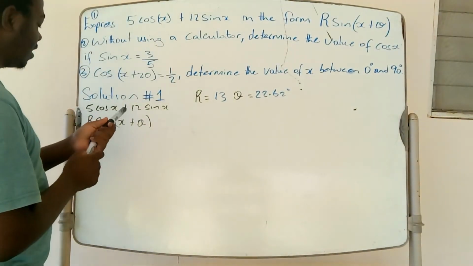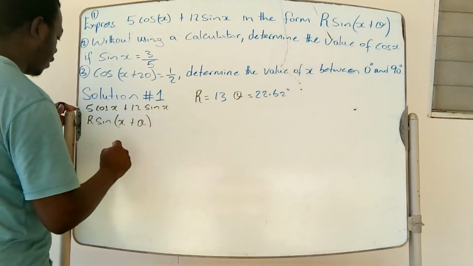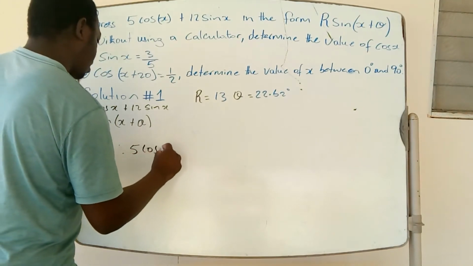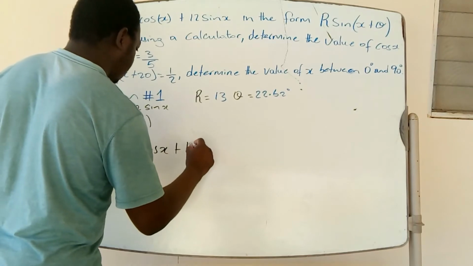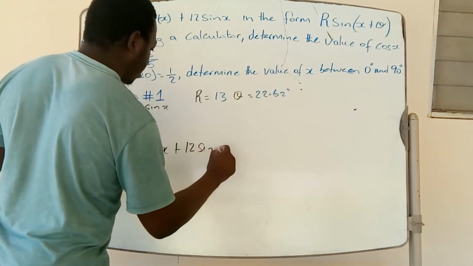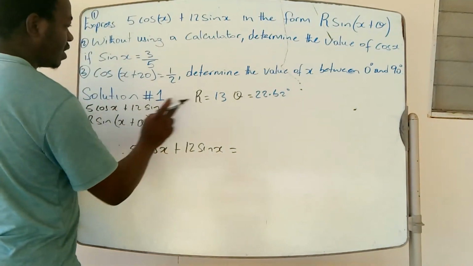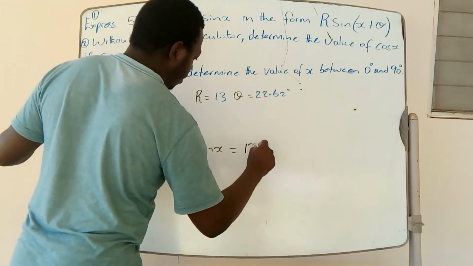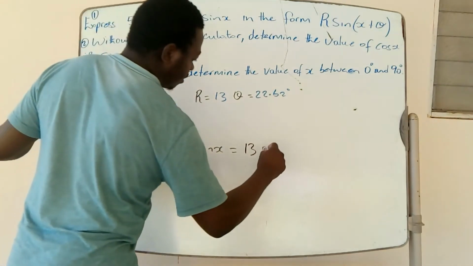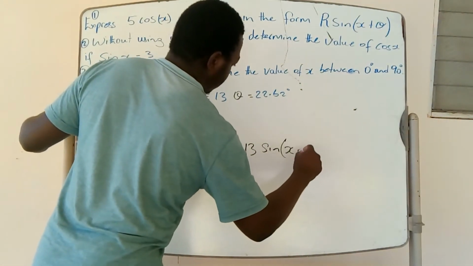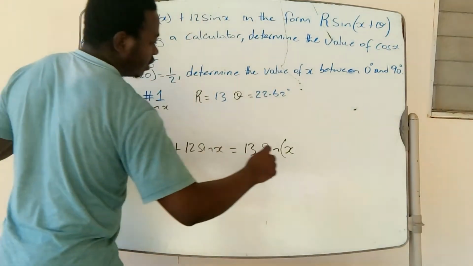So my final answer is going to be, therefore, 5 cos x plus 12 sine x is equal to r, but what is r? That's 13, so that's going to be 13 sine of x plus theta.